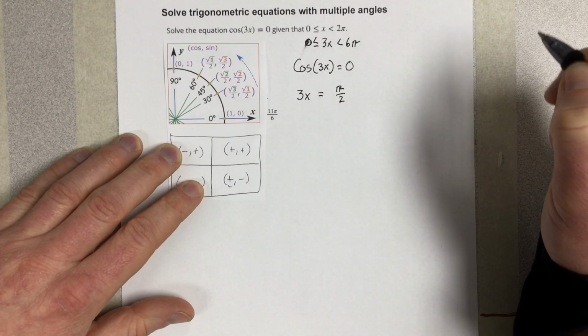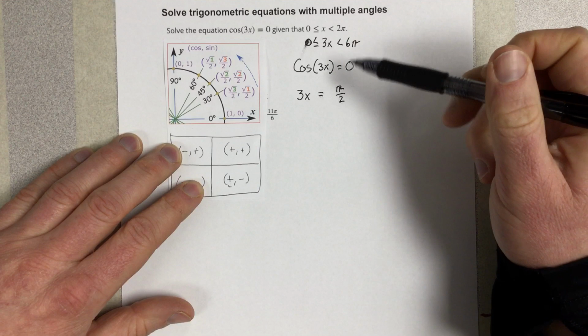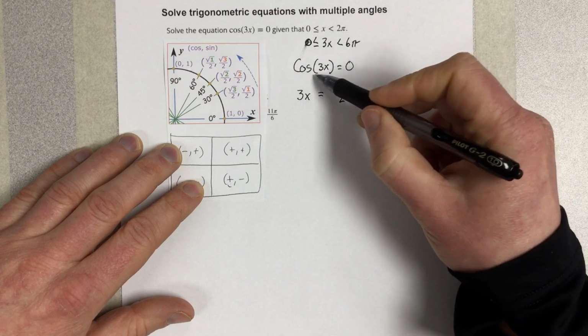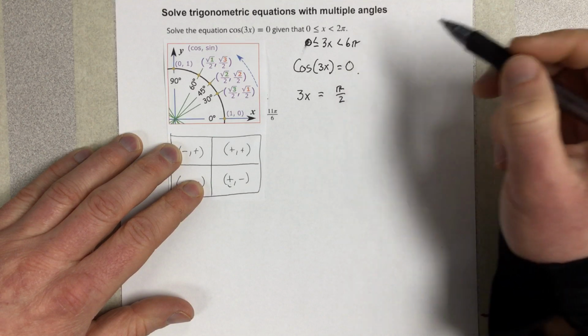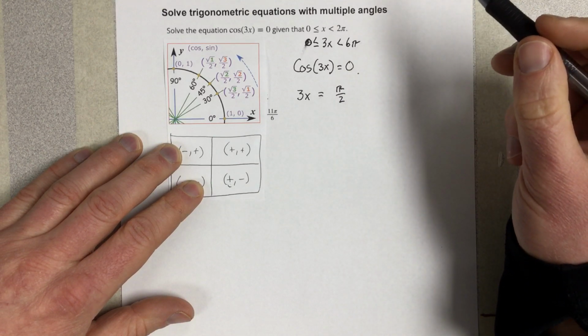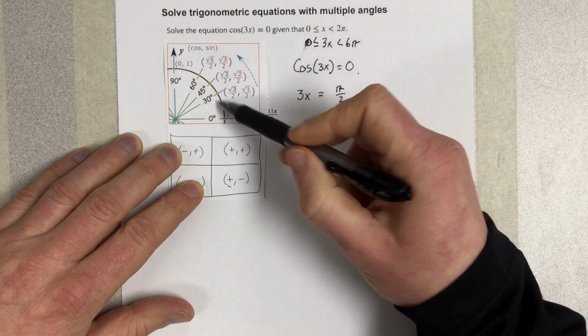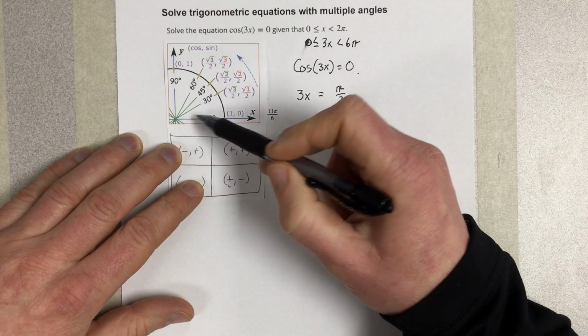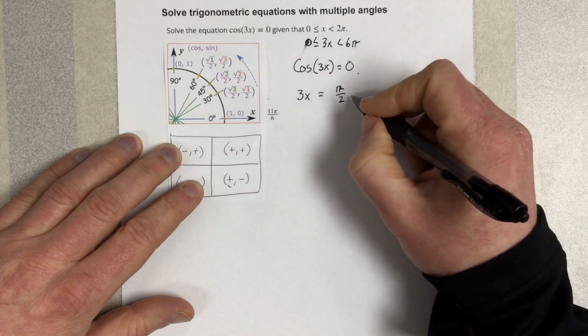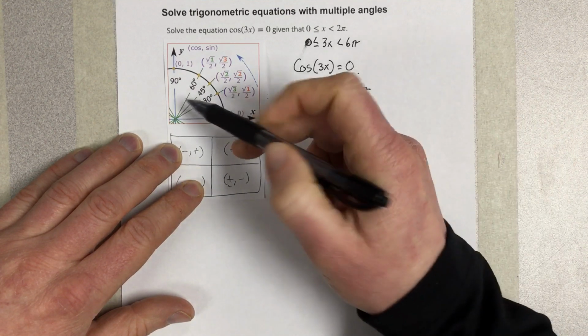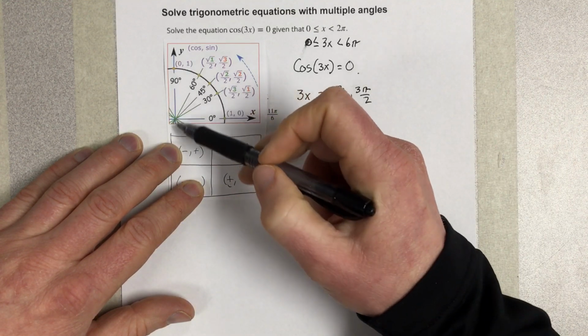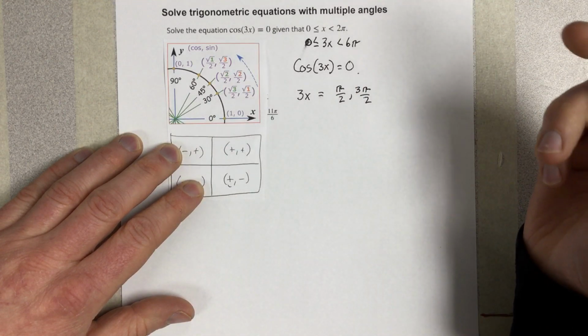But also, because we typically do the inverse on each side, 3x is equal to pi over 2, but it's also equal to 3 pi over 2, because if it's 0 at 90 degrees, it's also going to be 0 at 3 pi over 2.